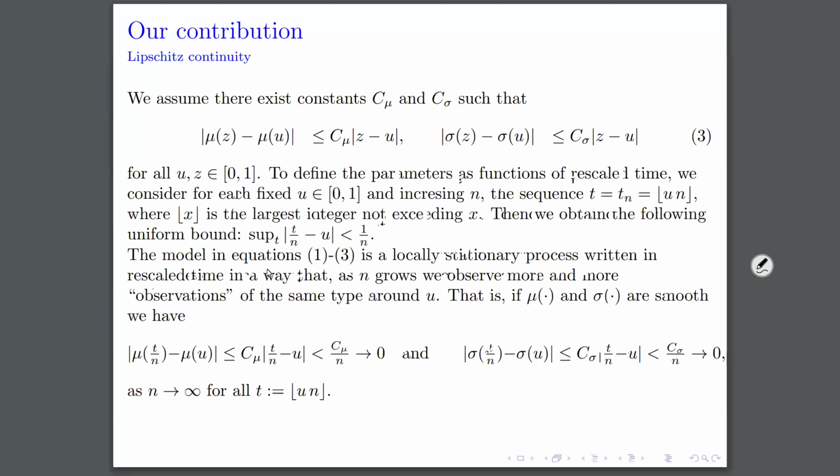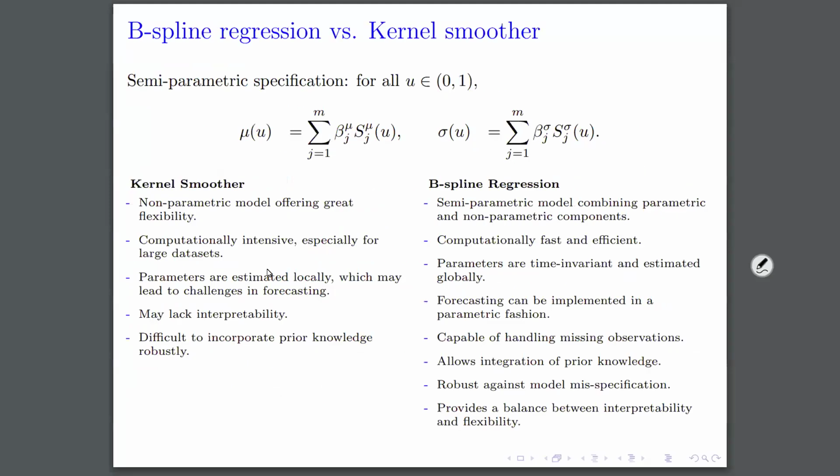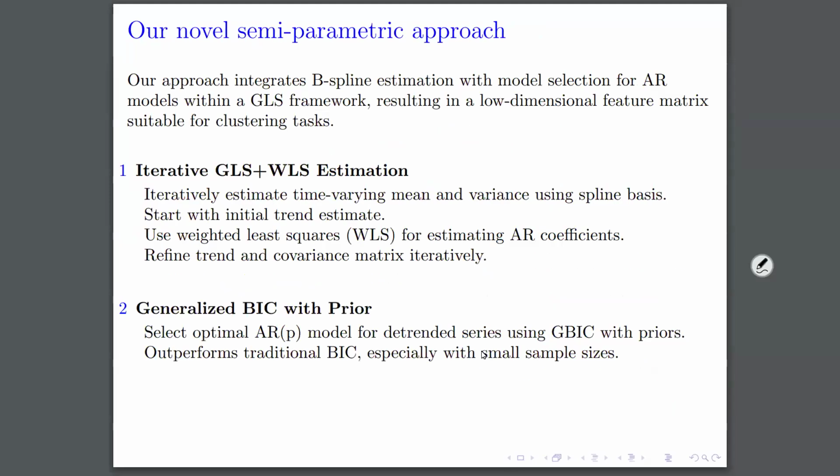That directly leads us to the method we're using in this project, which is the B-spline. Usually people use a kernel smoother to do these kinds of estimations, but compared to the kernel smoother, the B-spline has several advantages: it's capable of handling missing observations, and it's also very robust against model misspecification if you have a good model selection criterion.